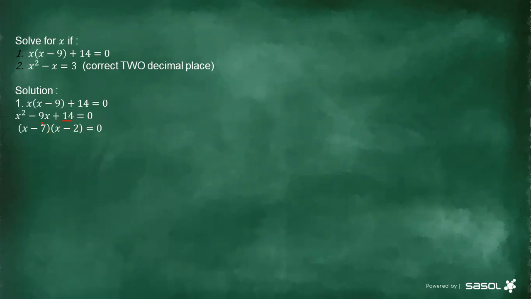For instance, if we were using the quadratic formula on this question, then the first answer you are going to get what? The answer is going to be 7. Once the answer is 7 when you use the quadratic formula, it tells you that we have factors. Because the only time you're going to see that you don't have factors is when you get a decimal number or a number in surd form.